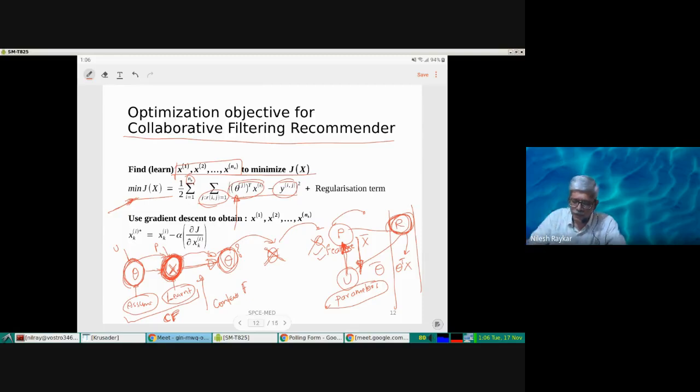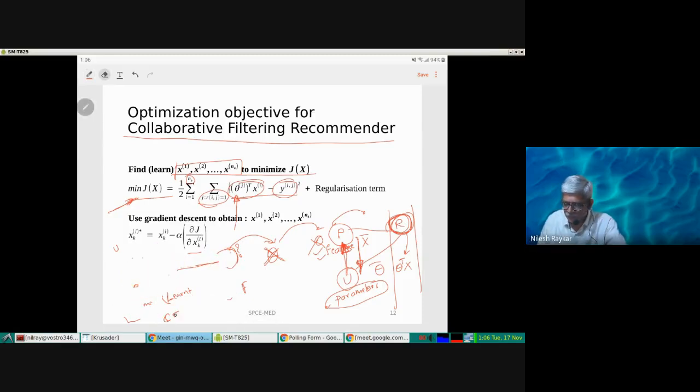So I'll repeat what we talked about here. One strategy which can be applied to solve this chicken and egg problem, where we don't know the theta vector and we don't know the x vector at the beginning, is to assume the theta vector, that is the user parameter vector. Which user likes what, you just assume randomly.